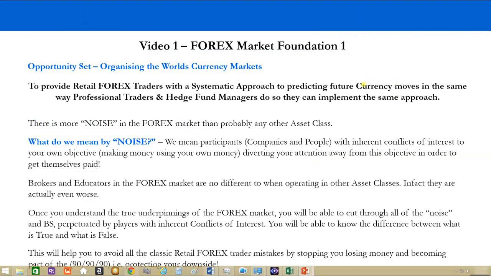So the first thing we're going to have a look at here is we're going to try to understand what the Forex markets are all about in their basics. And what you're going to find is that there's a lot of what we call noise in the Forex market, more so than probably any other asset class.